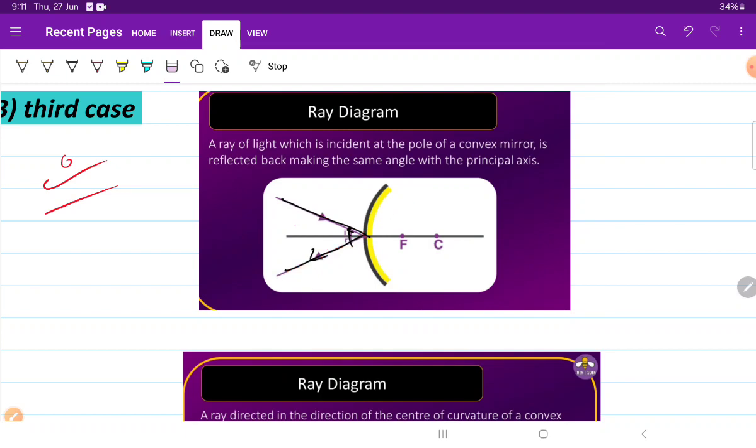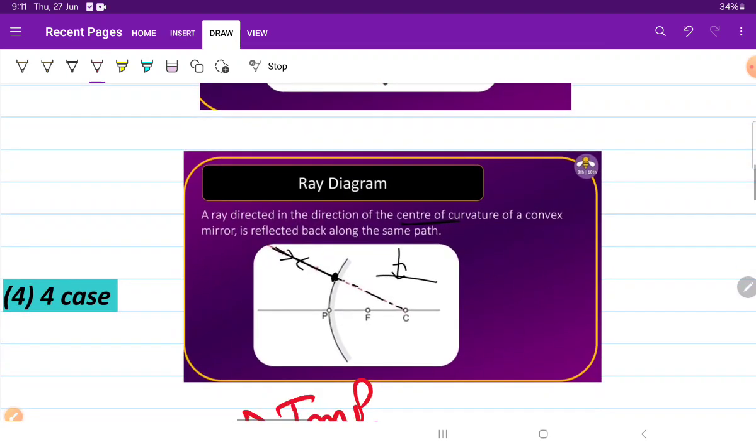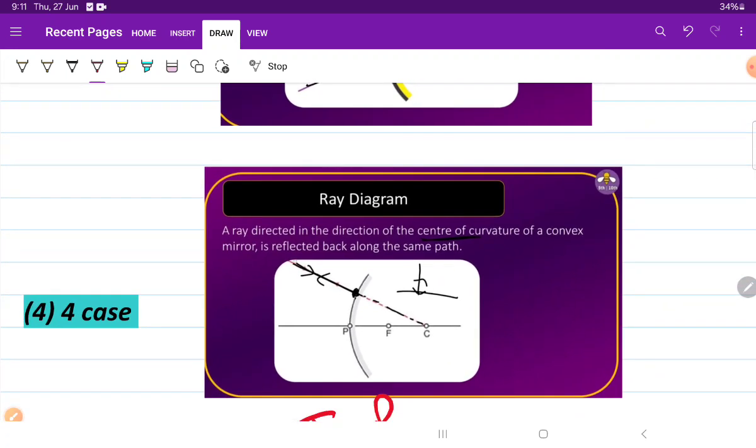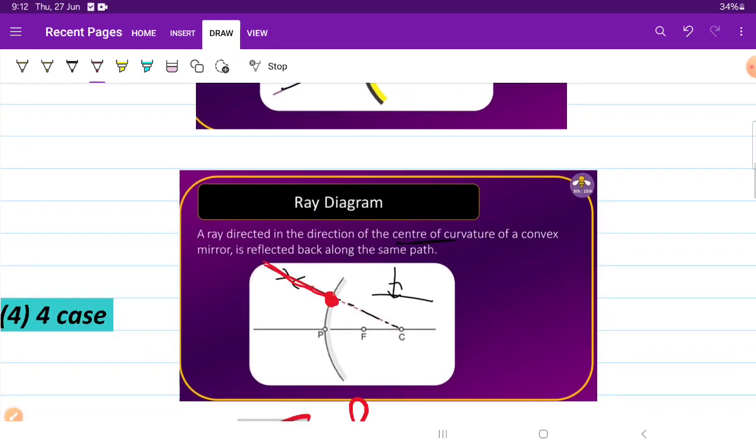So here is the third case, and the fourth case states: when a ray is coming from outside and it is reflected back in the same medium, along the same straight line only. And if we make an imaginary line, that imaginary line will cut the center of curvature.